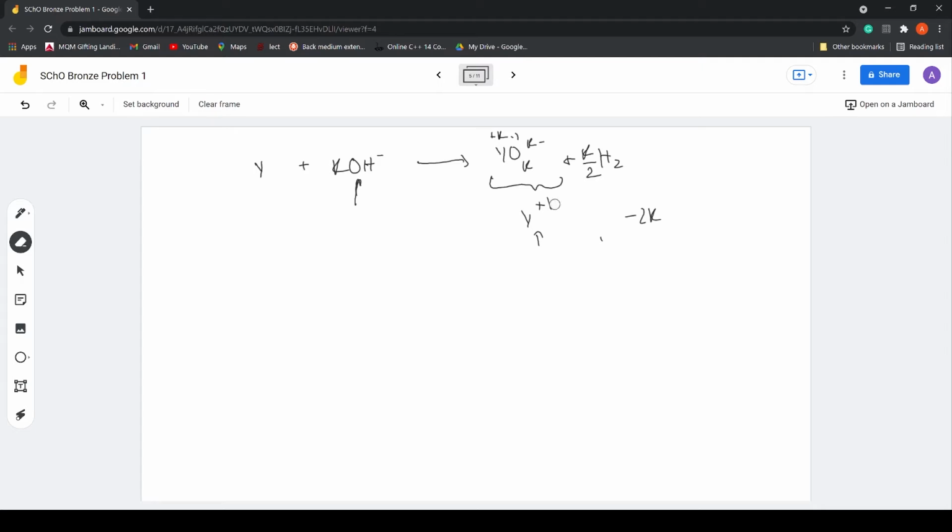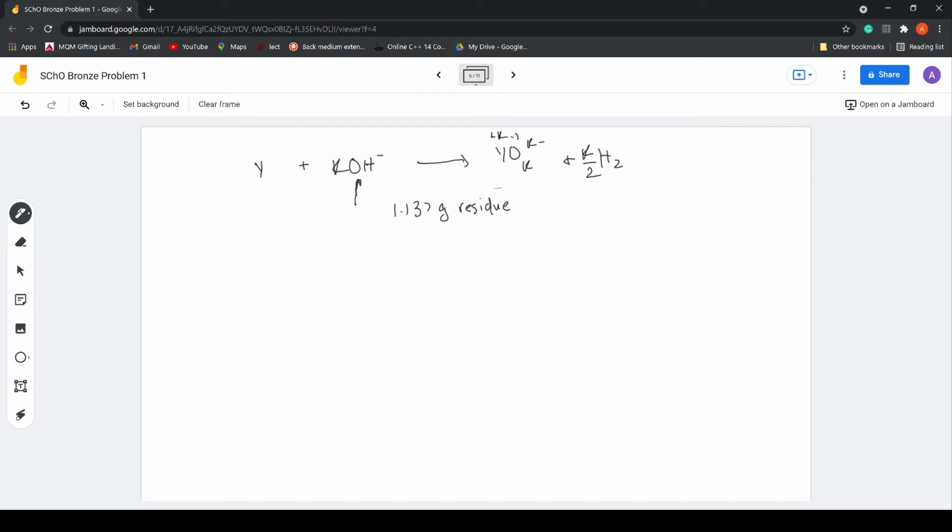Okay, so now that we've balanced our equation, we can go on to doing the actual math to figure out what Y is. We have this equation, and in the previous parts, we were given that we had a solid residue of 1.137 grams. Remember, just like our previous part, when Y reacts with OH minus, the residue is just going to be the leftover X, because that wasn't reacted.